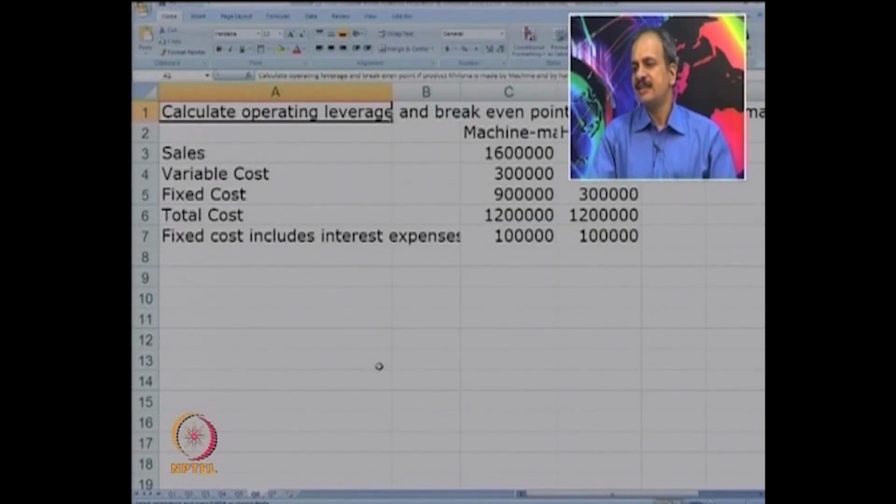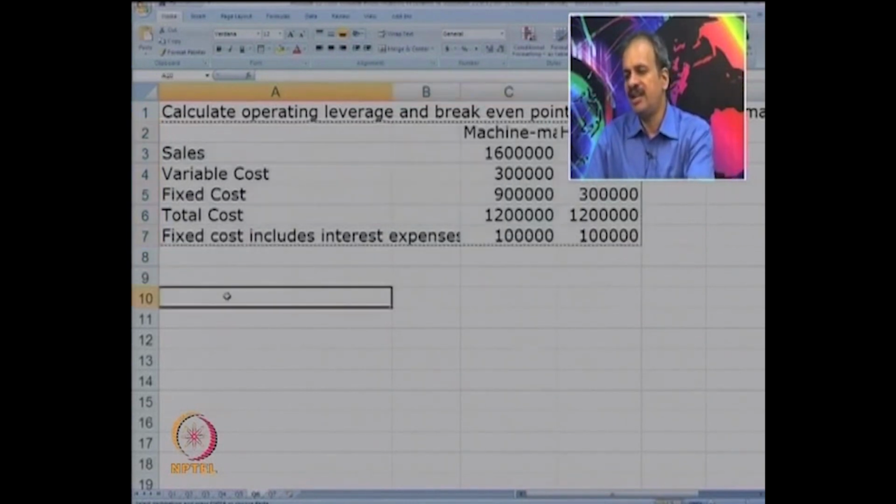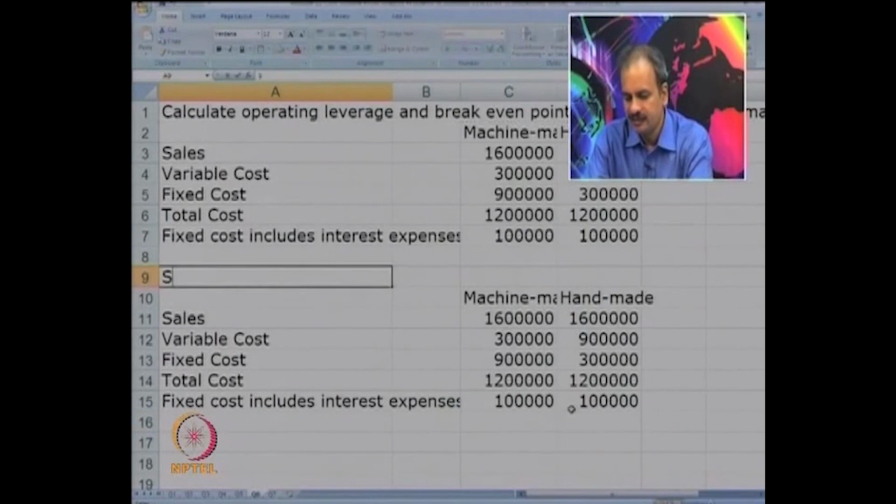Here is one case. Two situations are given, a machine driven and a handmade, and we have to calculate the operating leverage for both the situations, and we have to also calculate break-even point. First, let us start with calculation of break-even point, as we know it very well.